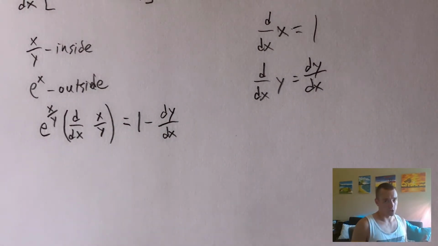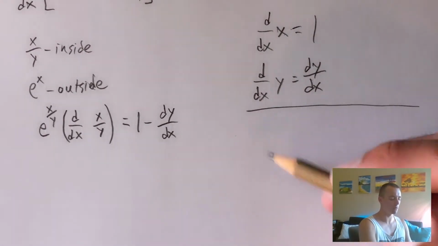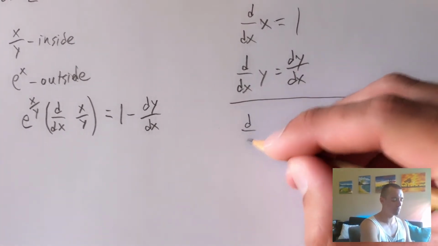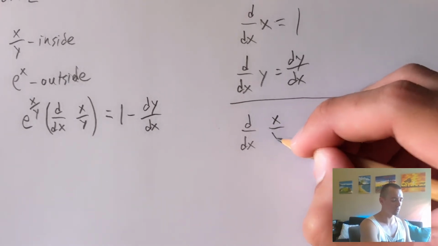Well, that's a fraction. So that should tell you pretty clearly that we're going to have to use the quotient rule to do that. So the quotient rule is not too difficult to apply. It's pretty much just going to be a formula. I'll kind of make a little side problem of it over here. So when you're doing the quotient rule, you want to find the derivative with respect to x of some quotient x over y.